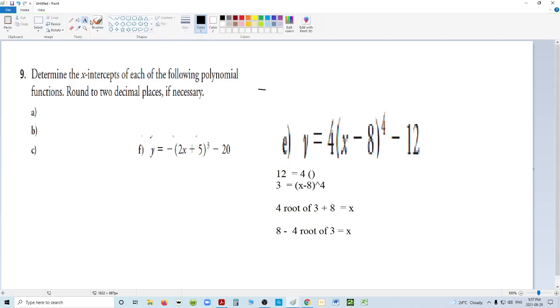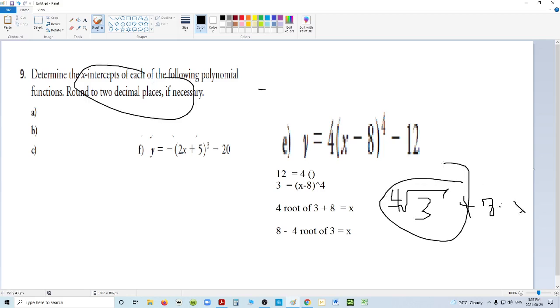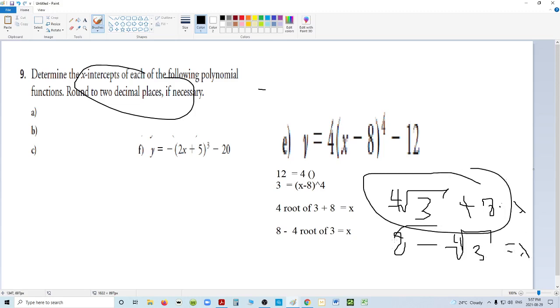So written down in your book, you should see something like the 4th root of 3 plus 8 is equal to x. And since it says up here round to 2 decimals, you'll take the 4th root of 3 and add 8 to it. And then the other answer is 8 minus the 4th root of 3 is equal to x. If I wanted to keep it very accurate, I would leave it exactly like this.